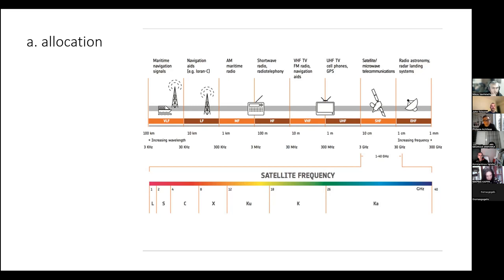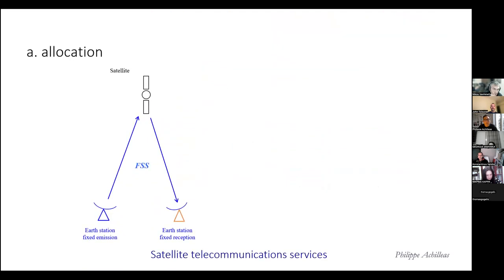So it's a first step, and this is done at universal level, at ITU world conferences, and the sharing of the spectrum is the same for all states. So for space telecommunications, we have different services and different bands.